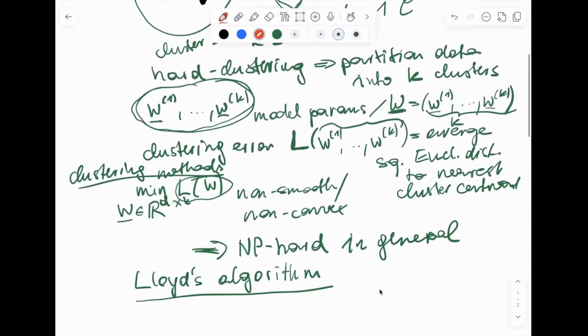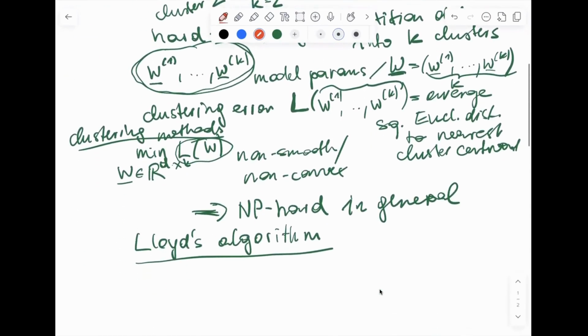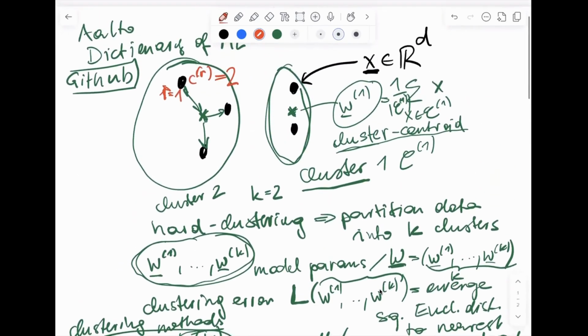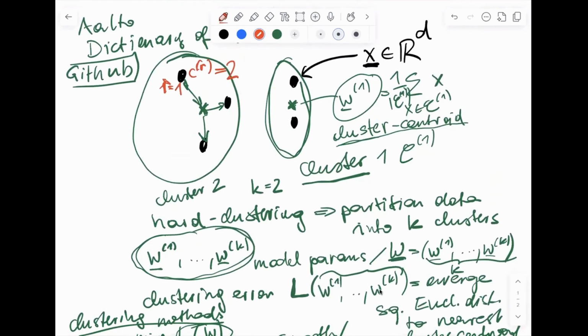Okay. And so Lloyd's algorithm alternates between cluster assignments for given cluster centroids. So somebody gives you cluster centroids, like I did in the beginning. I gave you the cluster centroids. I somehow cooked it up myself.